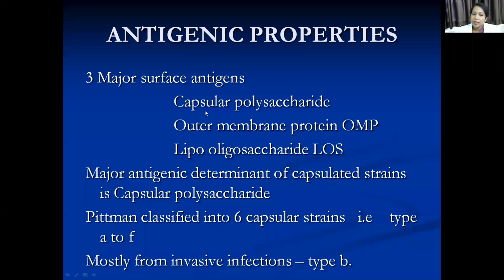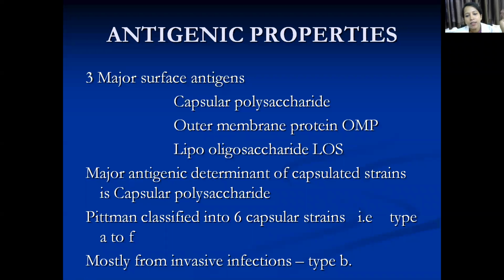What are the 3 things? Capsular polysaccharide, first one. Second is outer membrane protein. And the third one is lipo-oligosaccharide, LOS.